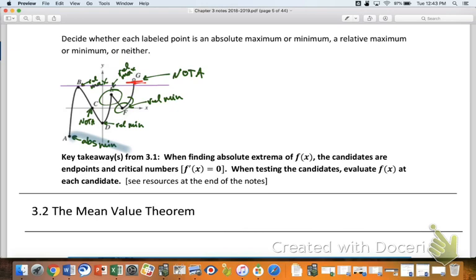Andy? Should the absolute max be like a limit? The limit? No, that's a great question. So remember, keep in mind the difference between a limit and the value of the function. So you might say the limit as x approaches g of f of x equals whatever.